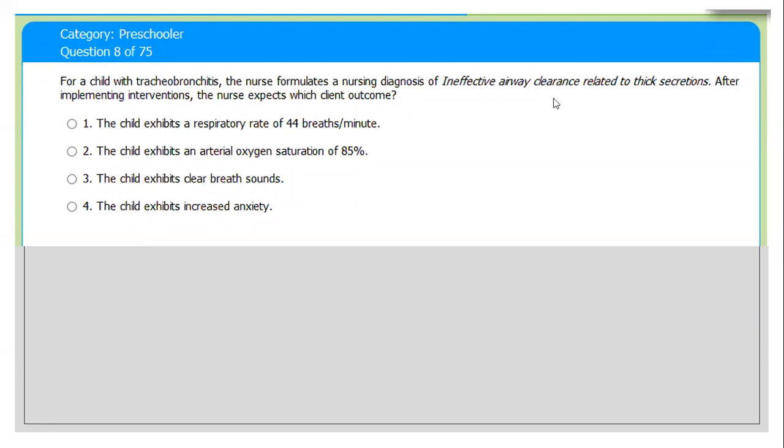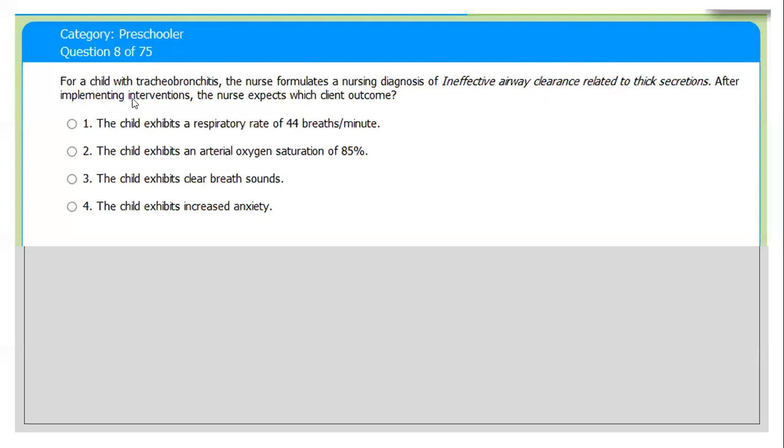So ineffective airway clearance is a nursing diagnosis. If any patient is unable to clear the secretions or any obstruction from the respiratory tract, we have to maintain a clear airway, right?